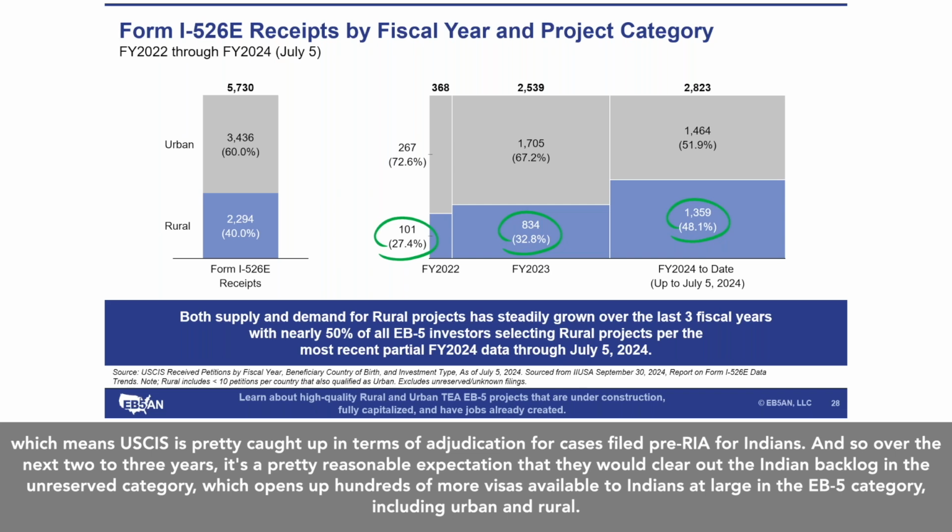And so over the next 2 to 3 years, it's a pretty reasonable expectation that they would clear out the Indian backlog in the unreserved category, which opens up hundreds more visas available to Indians at large in the EB5 category, including urban and rural.